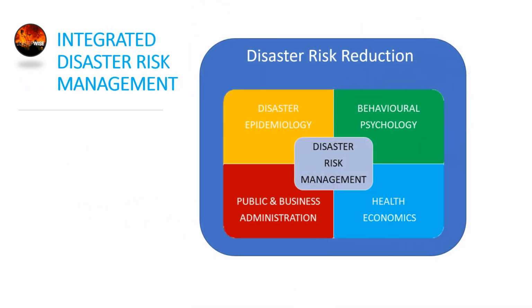The calculus of calamity differs from the more simplistic and traditional models of disaster management and humanitarian coordination in a number of important ways. The first of these is that it integrates disaster epidemiology, health economics, business administration, behavioral psychology, and risk management into the wider disaster risk reduction calculus.